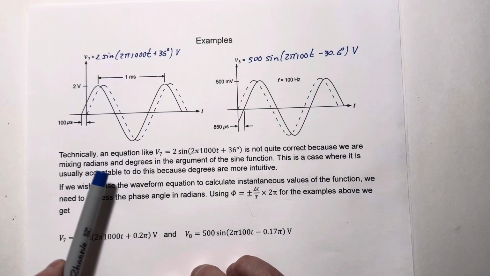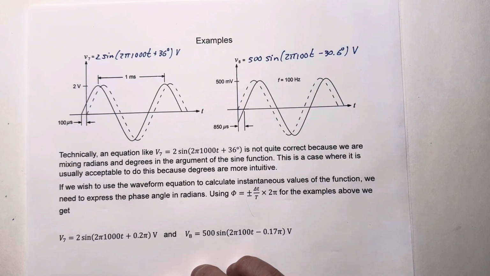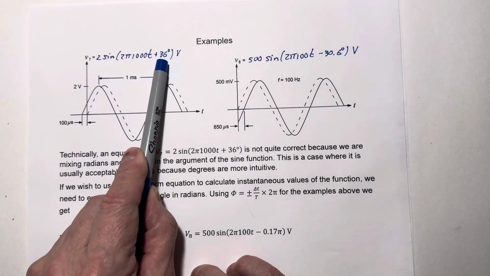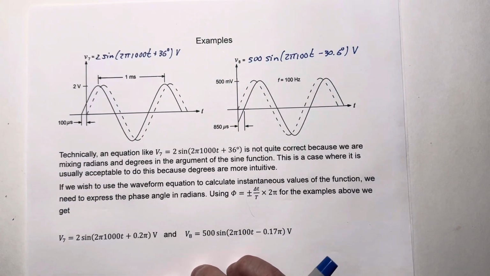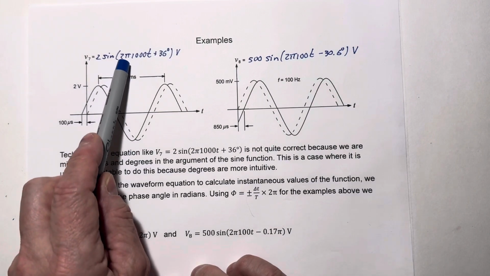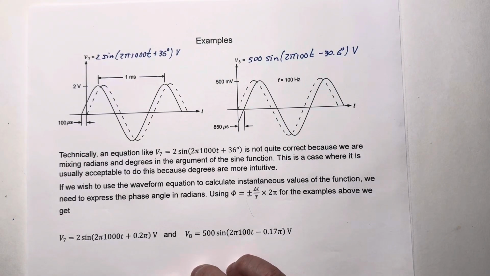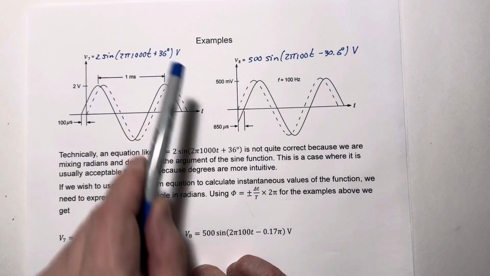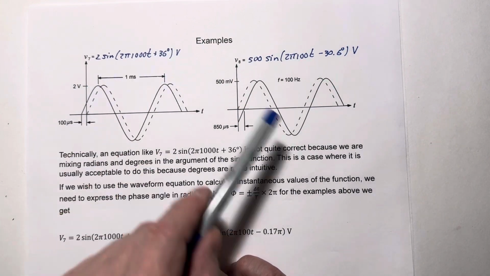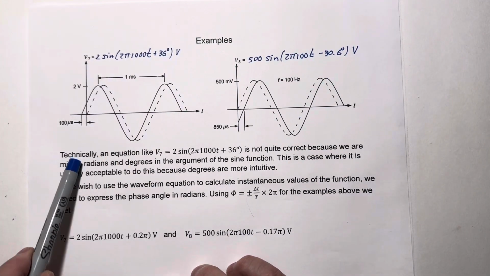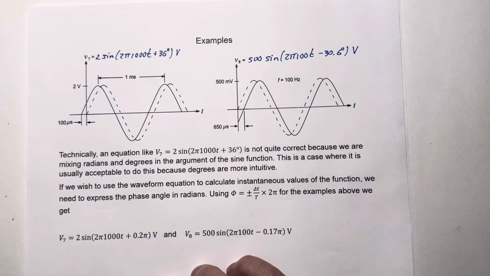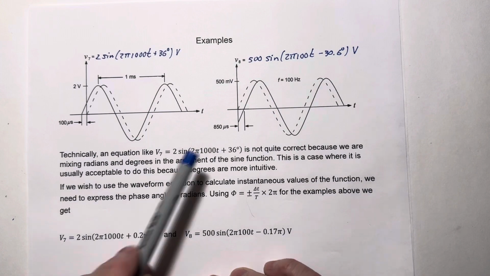And technically, there's a slight problem in that we're mixing degrees with radians inside the argument of the sine function in both cases, because 2 pi 1000 t gives us radians, and 36 degrees, they don't quite match up when you're evaluating the sine. So technically, if we wanted to use this equation to calculate the value of the function at any point in time, we should express the phase angle in radians.